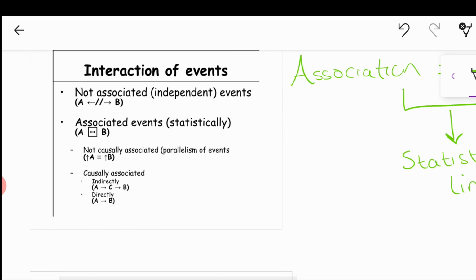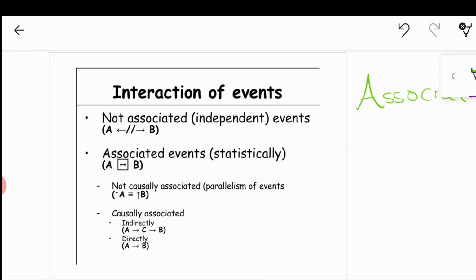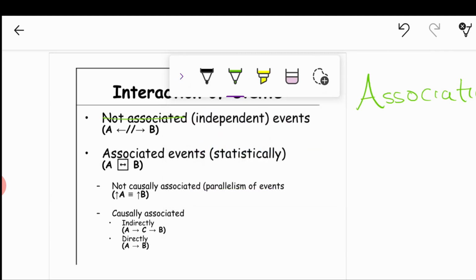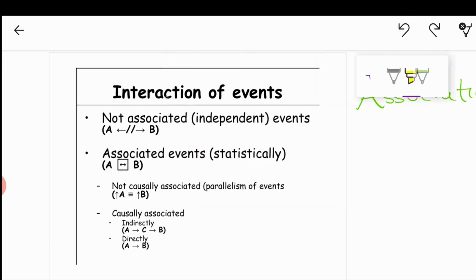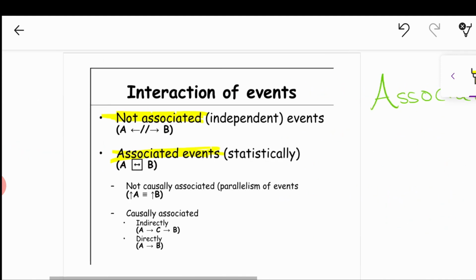Alright. So the 2 types of events you can have. First of which is non-associated. You can have non-associated events and associated events. And what did I say? Associated means correlated.